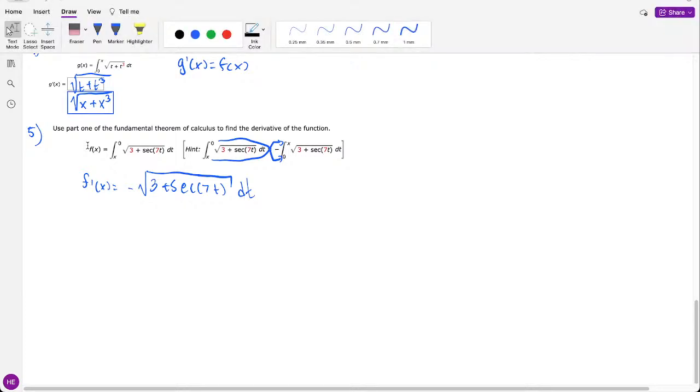I'm just going to put x in there because the answer is looking for f prime of x. And it liked it. Okay. Next. I guess I should copy that.